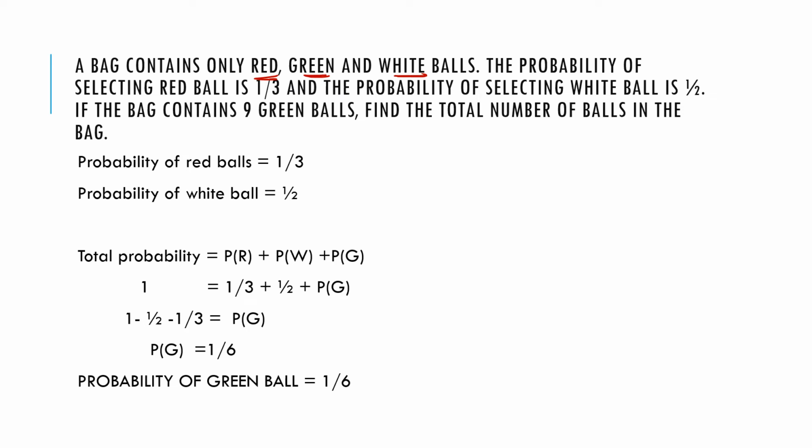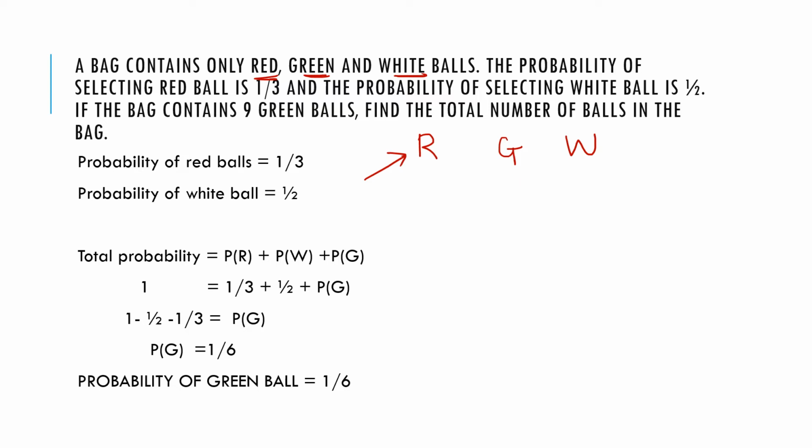Here we have a total of 3 kinds of balls in the bag: red, green and white. Let's see the data. The data that we have is mixed up, which means the probability of some balls is given and the total number of some balls is given.